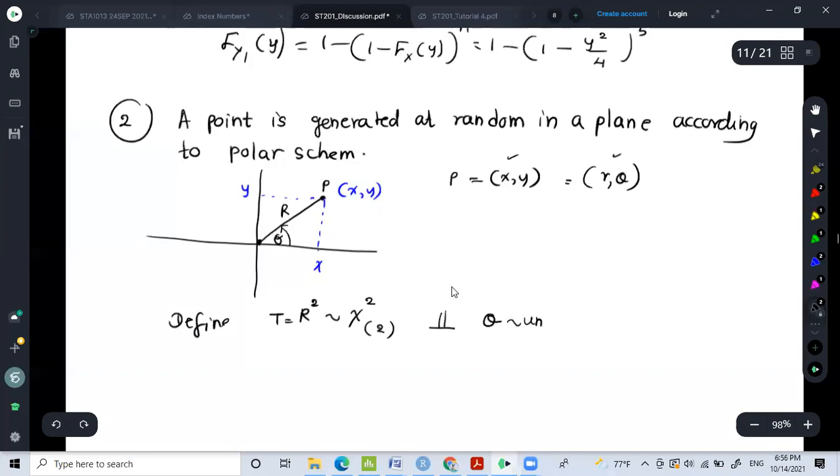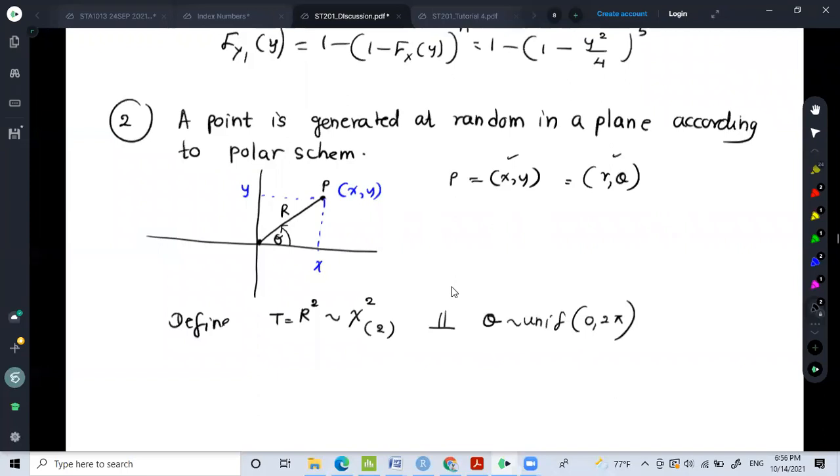Theta follows a uniform distribution, and you know it is from 0 to 2 pi, right? The angle measured in radians. The theta can be any value from 0 up to 2 pi, the whole circle. So theta follows uniform 0 to 2 pi, and for r, in this case we define R square, that will be chi-square distribution, degrees of freedom 2.